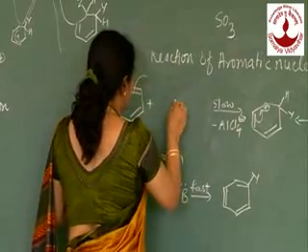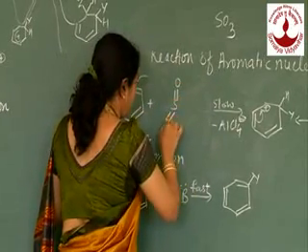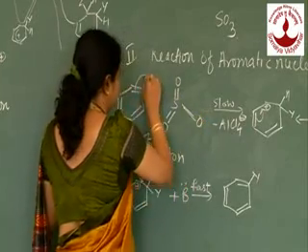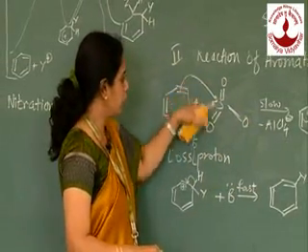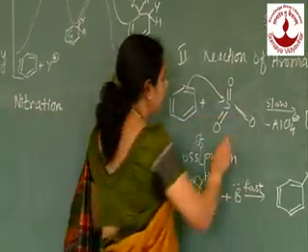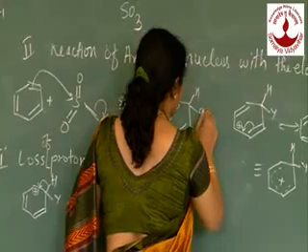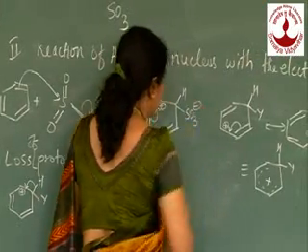How does the reaction take place? This double bond opens up, attacks the sulfur atom. One of the double bonds shifts onto the oxygen and you get the formation of the arenium carbocation with an SO3 minus.